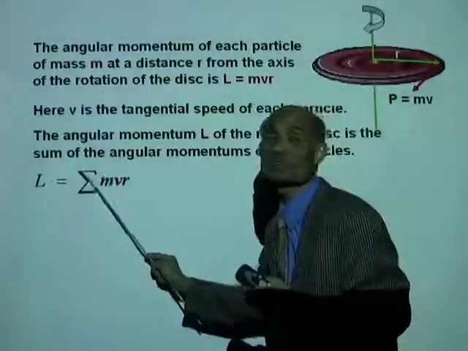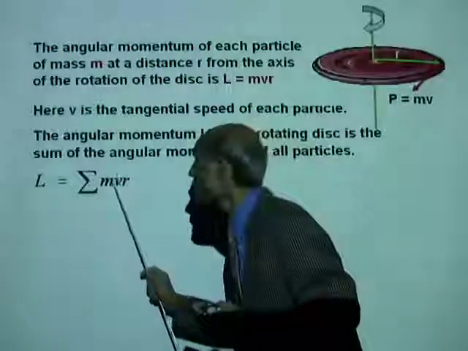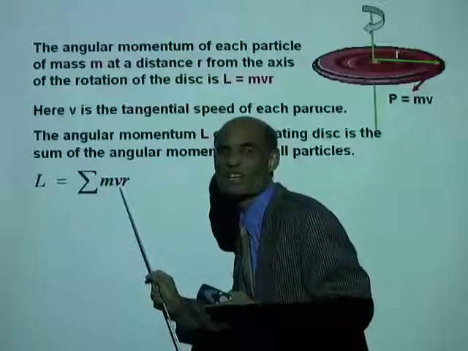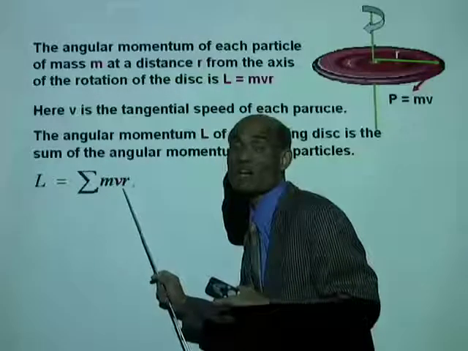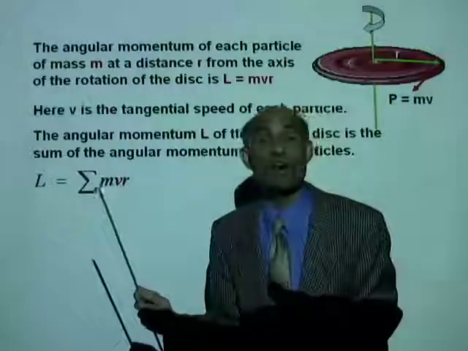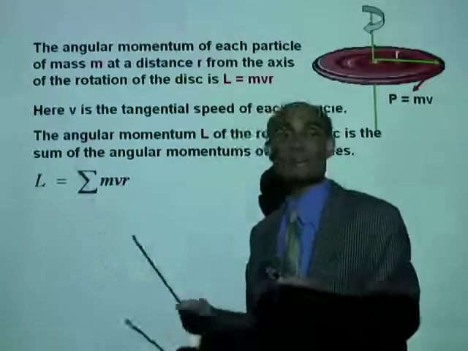So L equal to summation mvr, and we can now replace this v by another quantity. Since we are looking at rotation, that quantity will be in terms of omega: v equal to r omega.